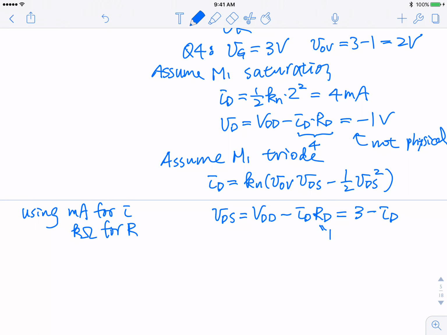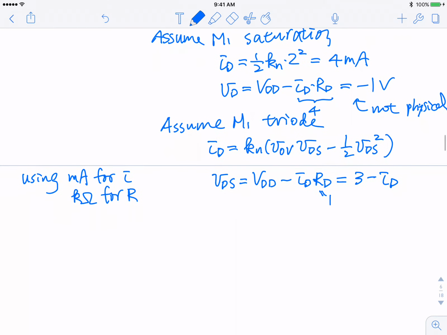So I have to remember when I solve my current, I'm actually solving it in milliamp units. You don't have to do that. You can just put I in and put 1,000 into the RD. You will solve your I in terms of amps, and numerically, they should be the same. I'm just trying to simplify my number calculation here.